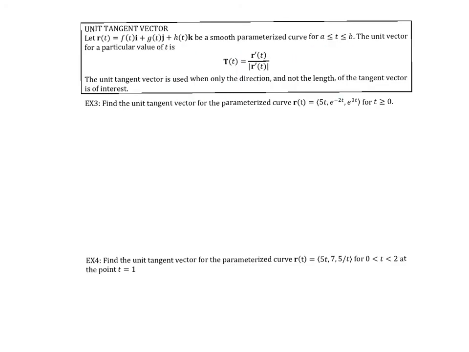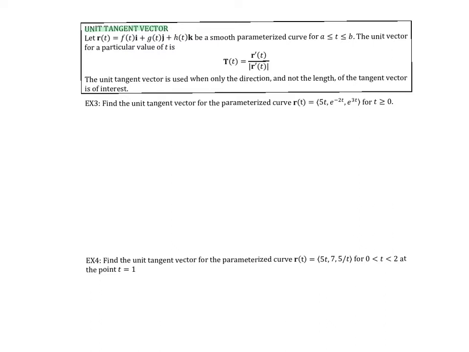Because there are infinitely many vectors tangent at a point, it's often helpful for us to talk about the unit tangent vector. That would be a specific vector of length 1 that's tangent at our point. And we typically use a unit tangent vector when we're really not concerned with the length of the vector. We're just looking at a direction.